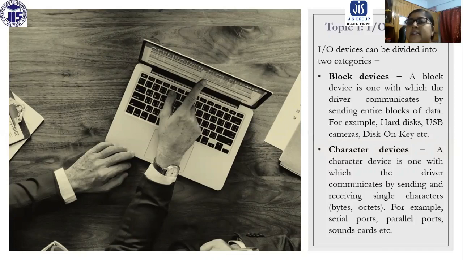A block device is one with which the driver communicates by sending entire blocks of data. The data is not distributed among characters; the total block is communicated with the device. Those are called block devices. For example, hard disk, USB cameras, disk on key are all block devices, because the driver communicates by sending entire blocks of data.